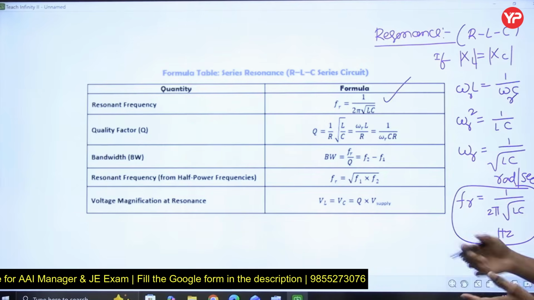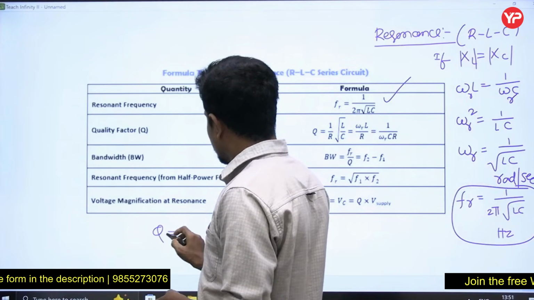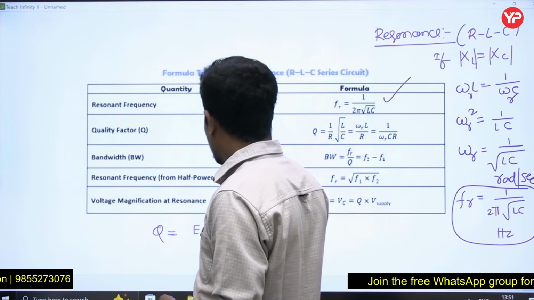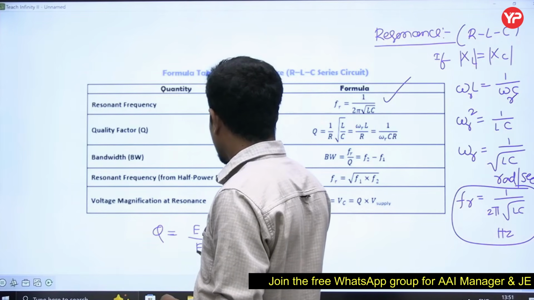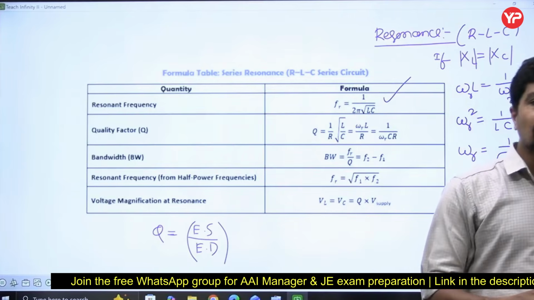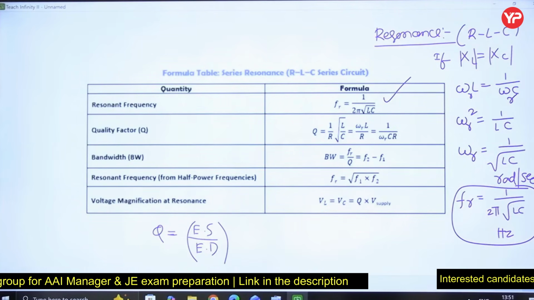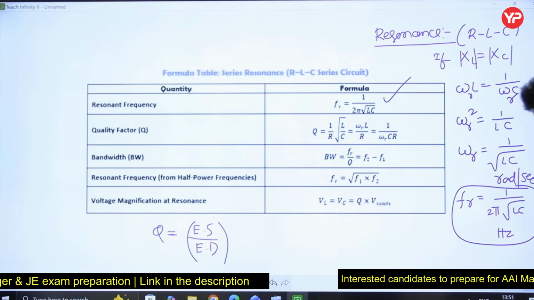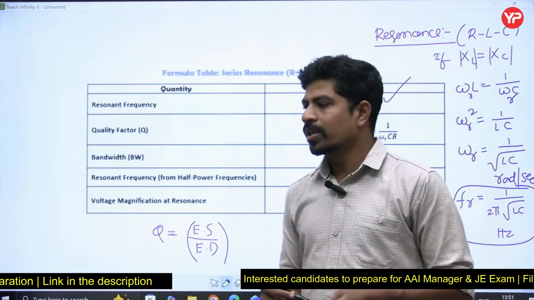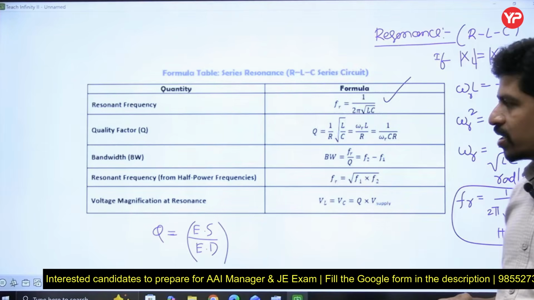Now quality factor. Quality factor Q is equal to energy stored by energy dissipated. I repeat, energy stored by energy dissipated. That will define the quality of a coil, inductor or capacitor, whatever it is. If you're taking an inductor, we are discussing its quality. Its quality depends upon how much energy it is storing, out of how much energy it is dissipating.